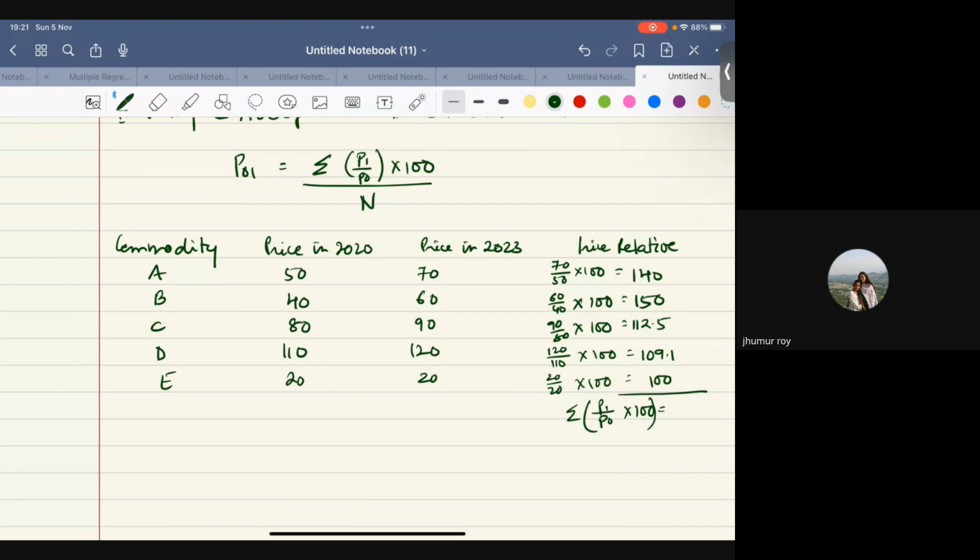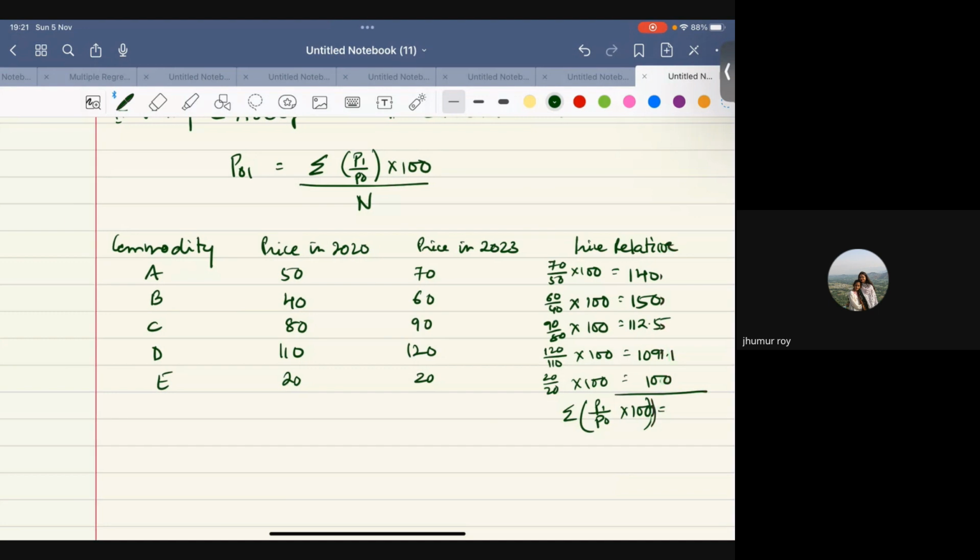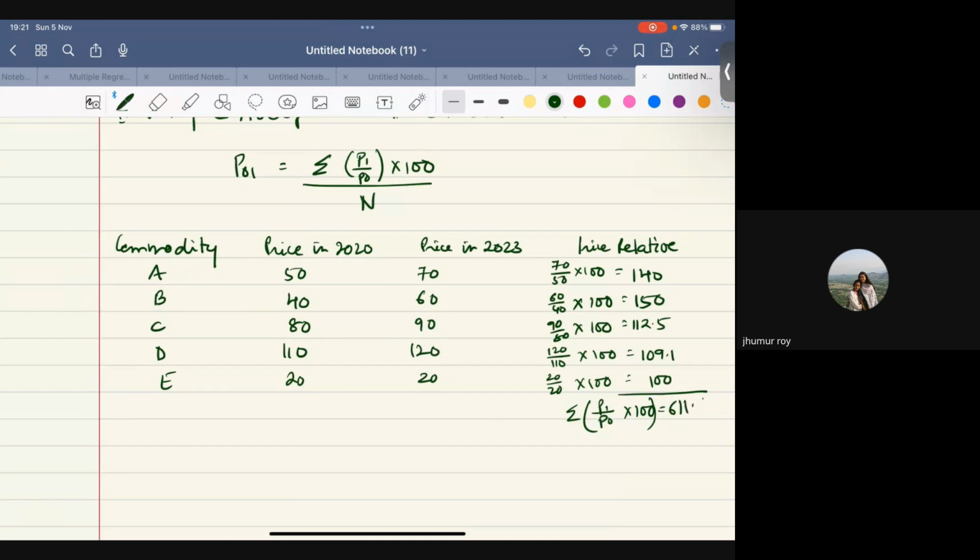Please type in the number in the chat box. No, add up all the values: 140 plus 150. So you've got 611.6.